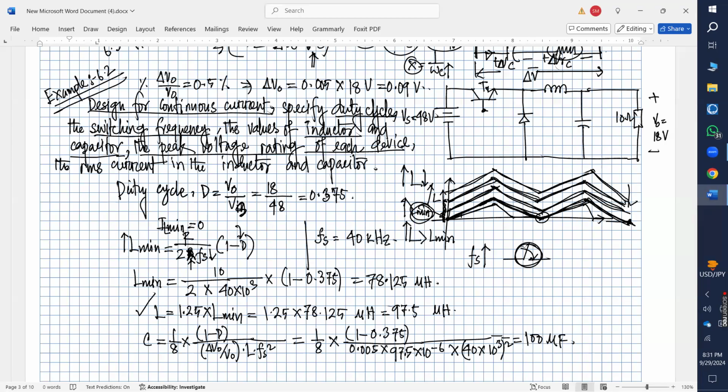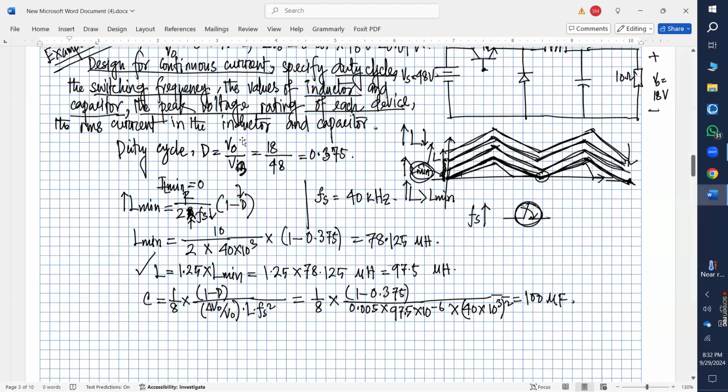Based on that L value, you have to choose the value of C so that the current operates in the continuous mode. You got my point? Yes, sir.